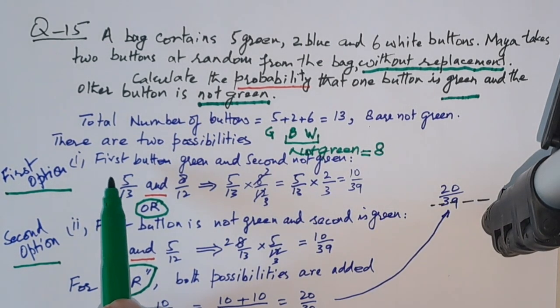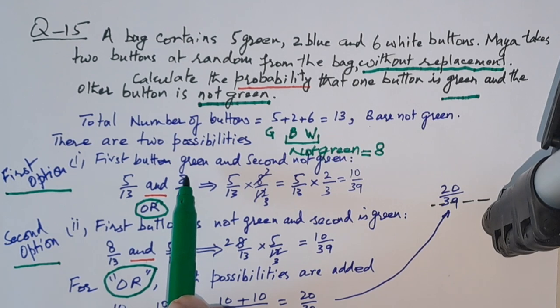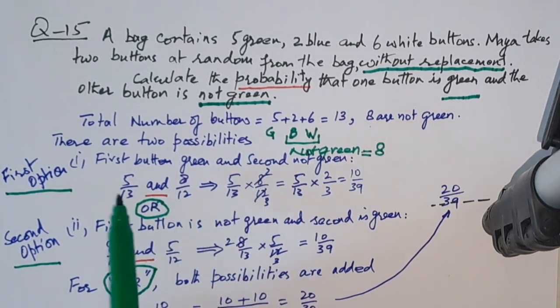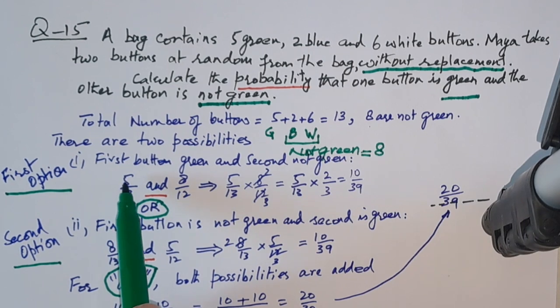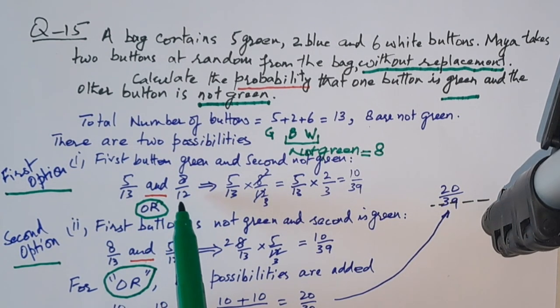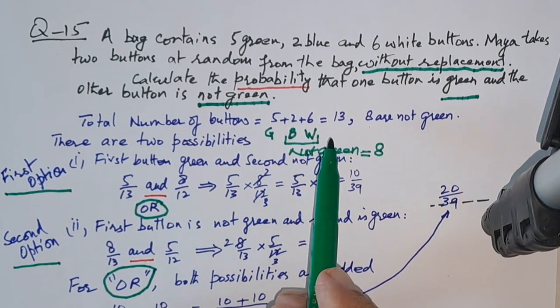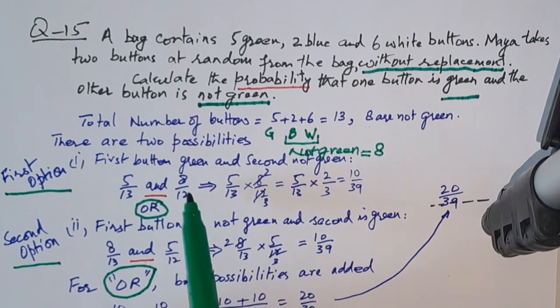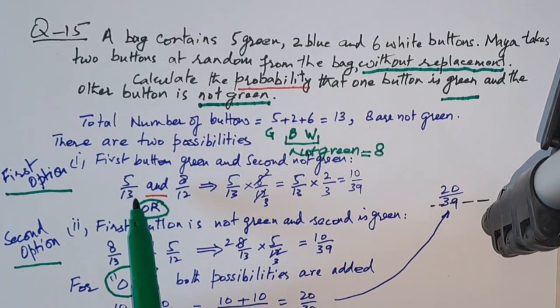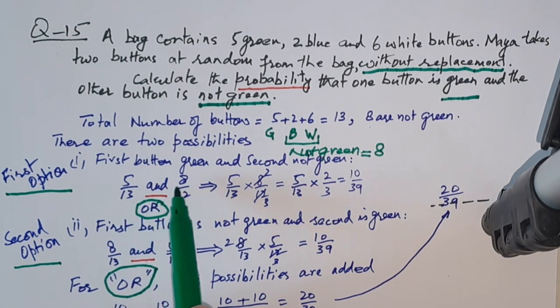So when we take first button as green, total number is 13, and green are 5. So the possibility will be 5 over 13. When we have taken one green button out, we are left with 12. So not green possibility will be 8 over 12. So in the first option, we have 5 over 13 and 8 over 12 possibilities.